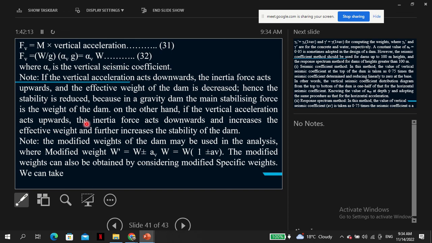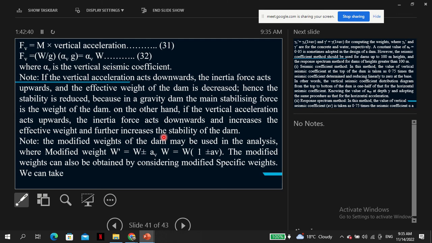If the vertical acceleration acts downward, the inertia acts upwards, and the effective weight of the dam is decreased. Hence the stability is reduced. The vibration is trying to bounce the dam around.